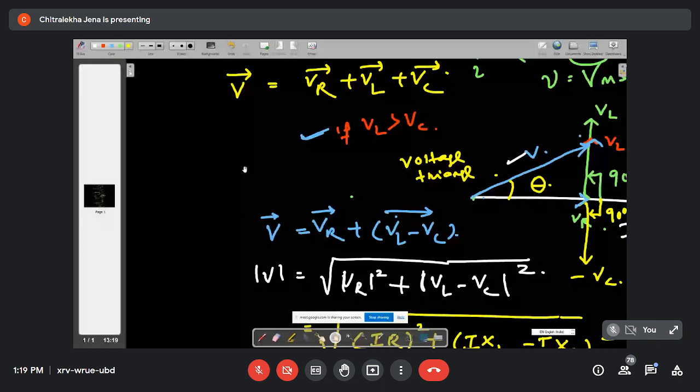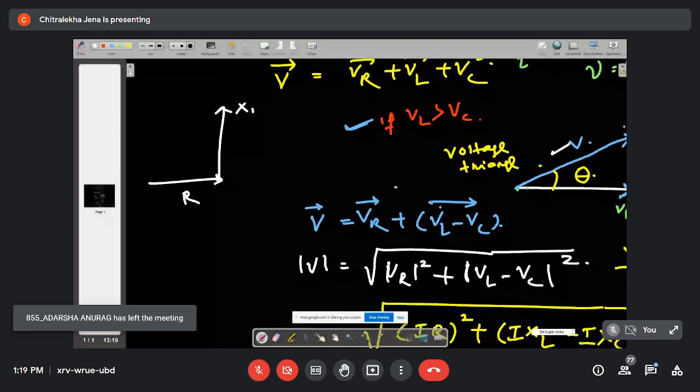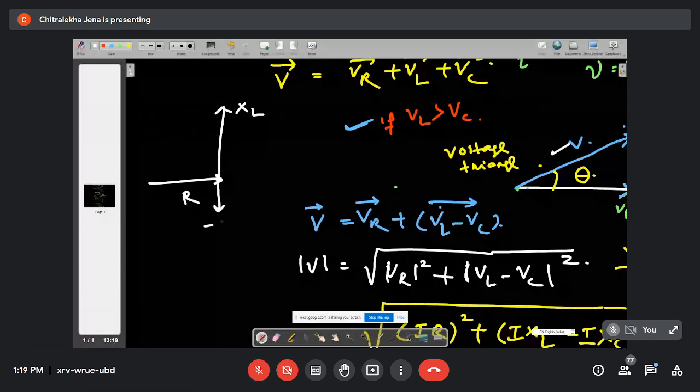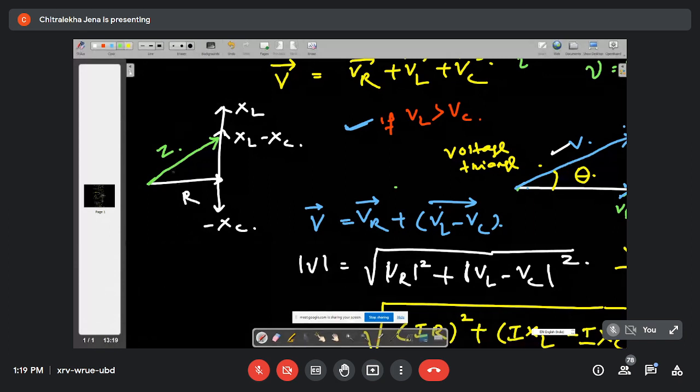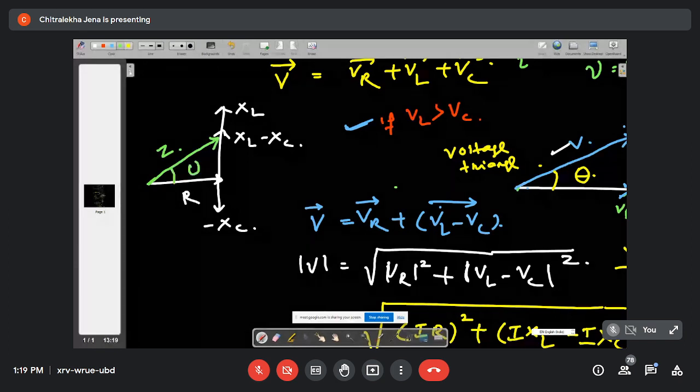This is my R, this is XL, this one is minus XC. Then I am subtracting the magnitude of the vector XC from XL, so here I am getting XL minus XC. So this will be Z, and this angle is theta.